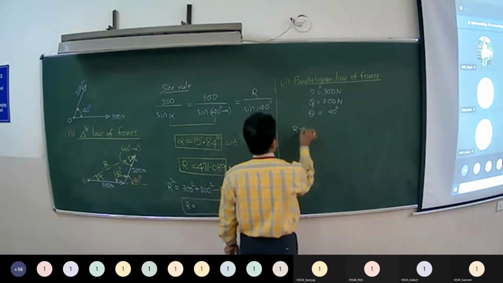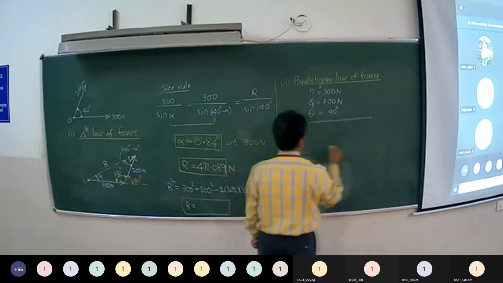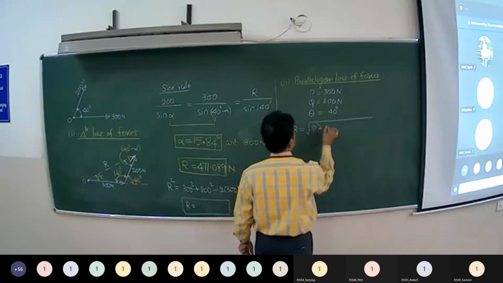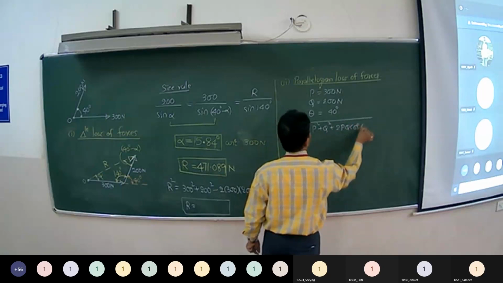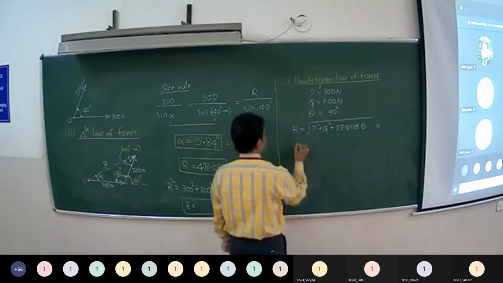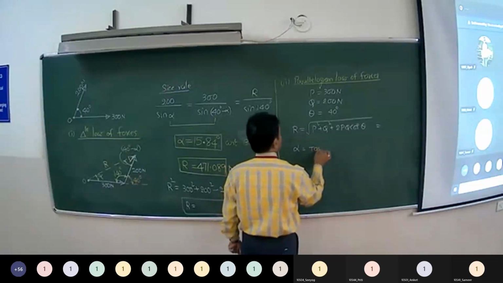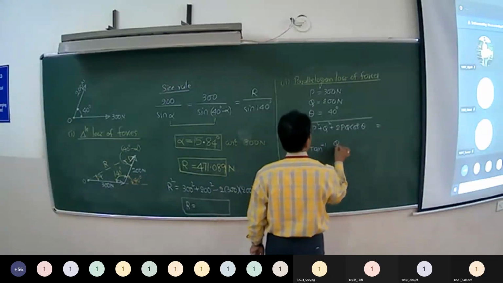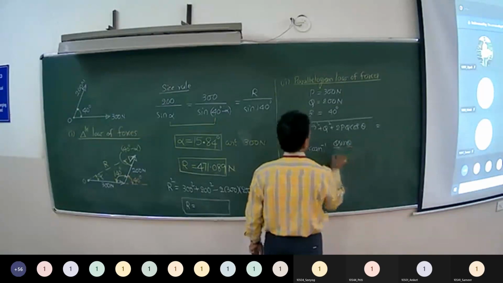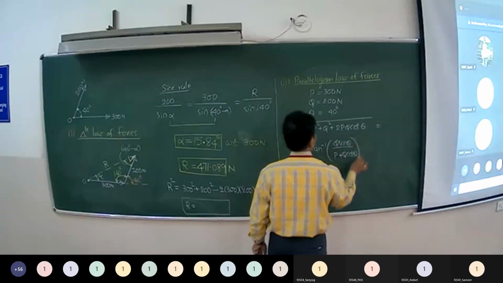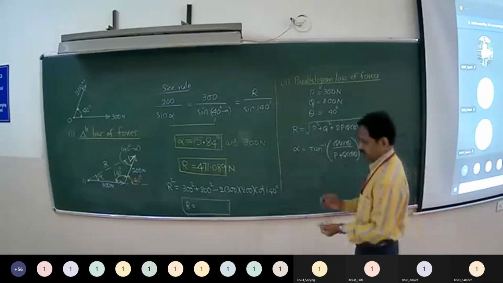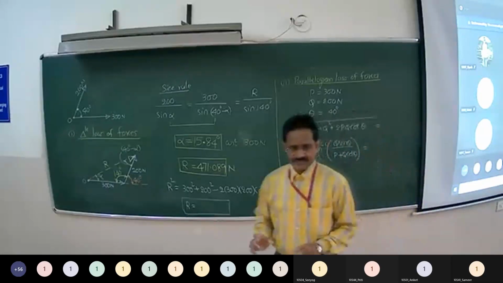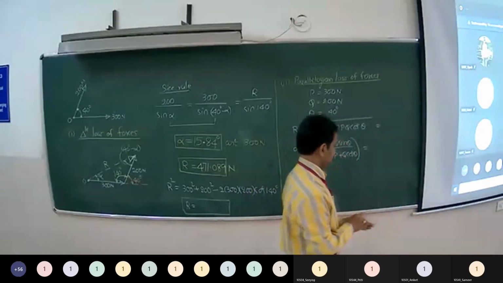So the magnitude of resultant is given by, as per parallelogram law of forces, square root of P square plus Q square plus 2PQ cos theta. Direction is given by tan inverse Q sin theta upon P plus Q cos theta. You are going to get the same answers with a small difference, that is rounding errors.